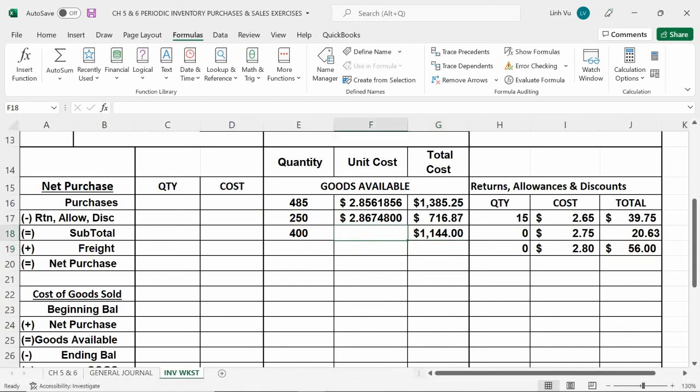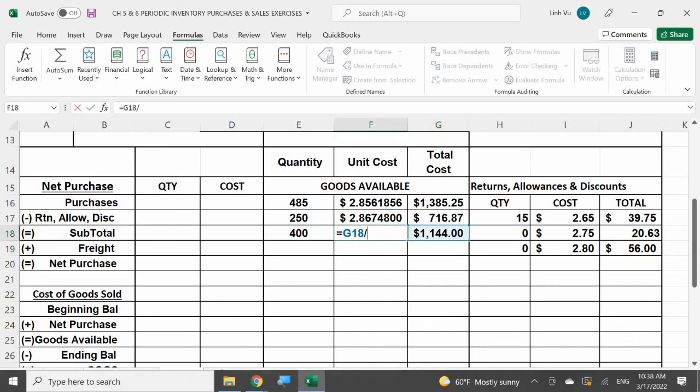So therefore, what is going to be my cost per item here? Because now my values are discounted. What's my cost per item here? $2.86.